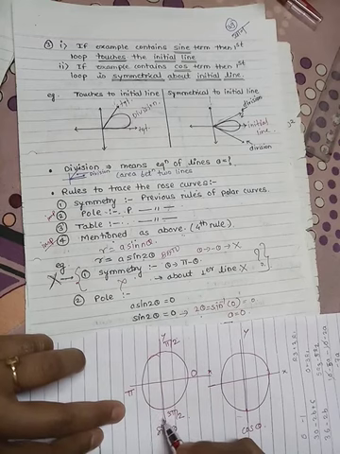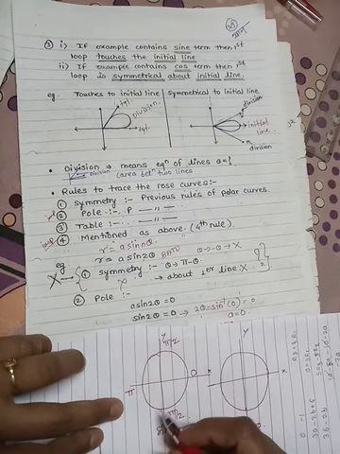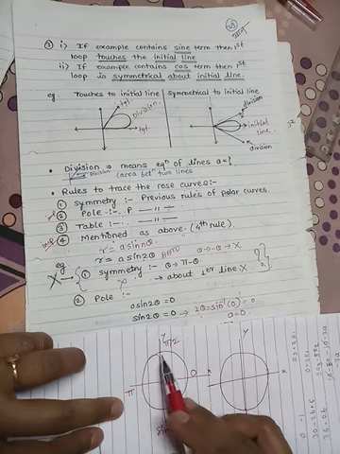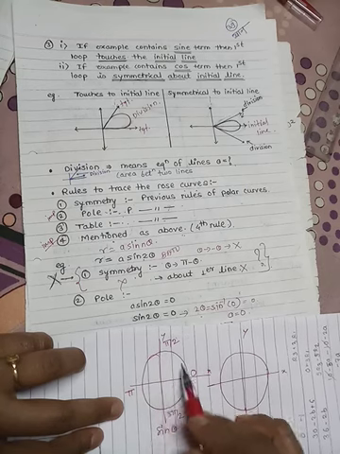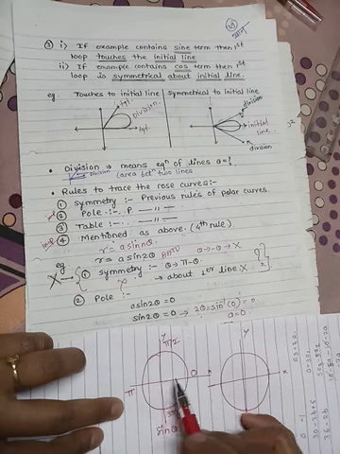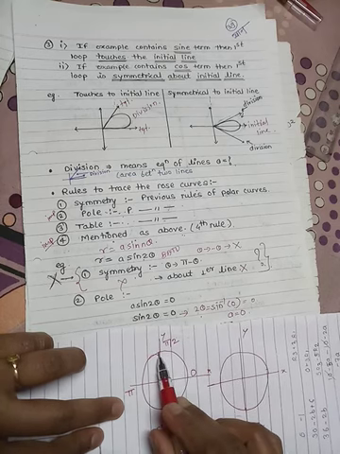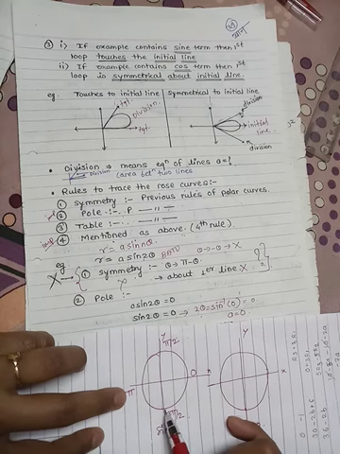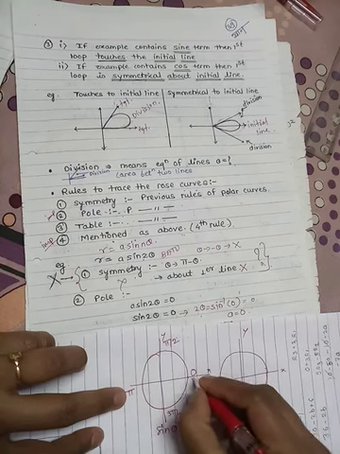Now we have to take the other angles also. This one-quarter part is your pi by 2 angle. Pi by 2. 2 pi by 2 means pi. 3 pi by 2. Then next is 4 pi by 2, which means 2 pi.